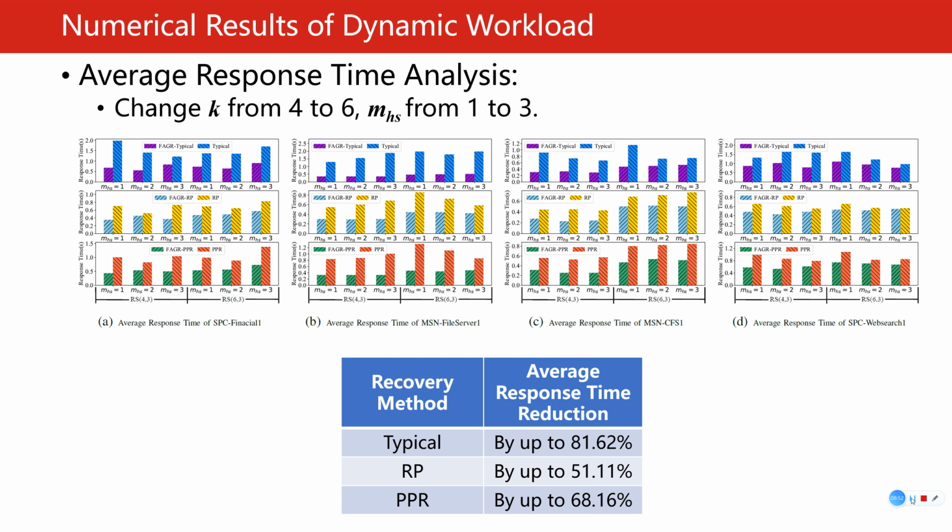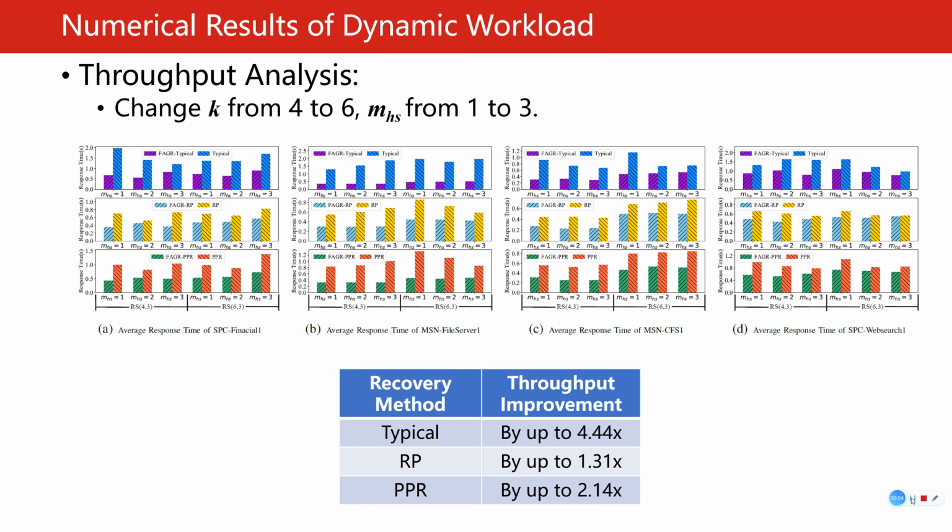Besides, FAGR can reduce the average response time by 81.62%, 51.11%, and 68.16%, and improve the throughput by 4.44 times, 1.31 times, and 2.14 times when changing the RS code parameters and the number of hot spare nodes in dynamic workload evaluation.